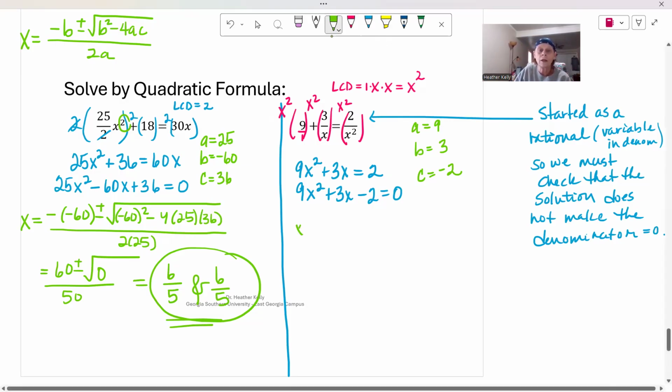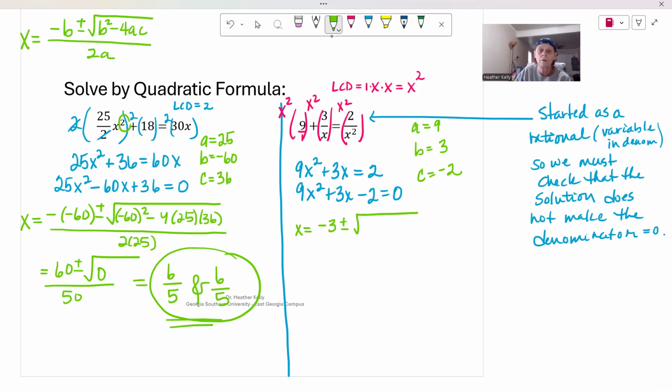So we have x is equal to negative b plus or minus square root of b squared minus 4 times a times c, all over 2 times a. Now let's see here.